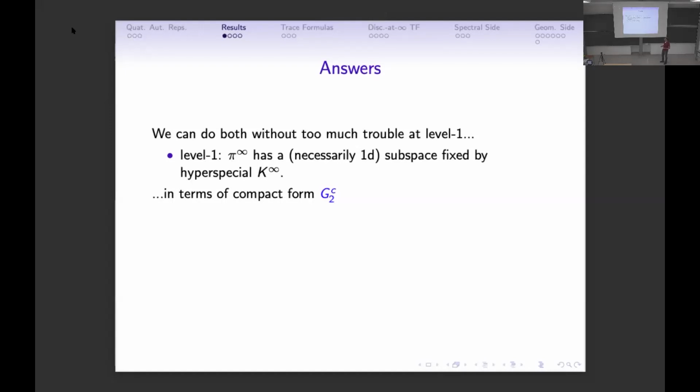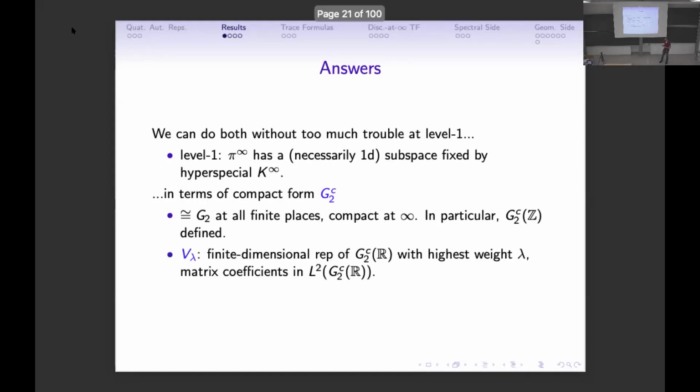And the answer is not going to be a direct answer, but it's going to be in terms of things happening on this compact form of G2. So what is this compact form? Well, it's isomorphic to G2 at all finite places, and it's going to be compact at infinity. So in particular, we can talk about the Z points of this compact form. Just as some notation to describe the results later, let V_λ be the finite dimensional representation of the real points of the compact form with highest weight λ.